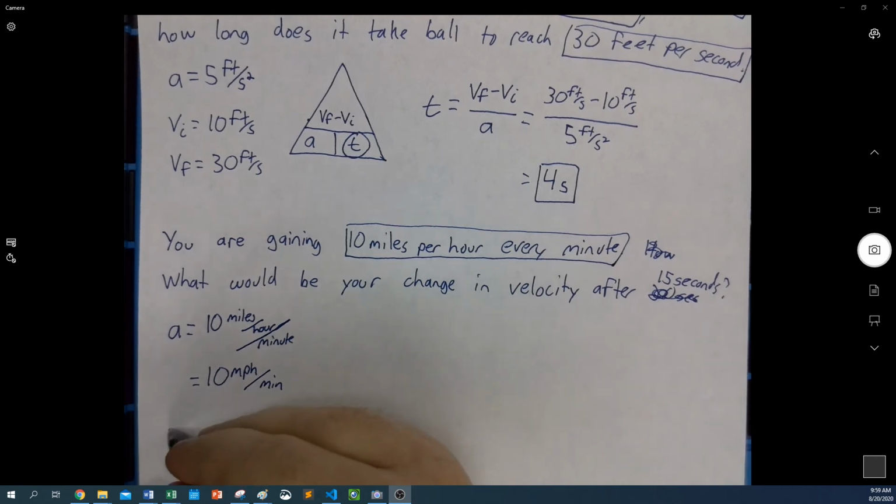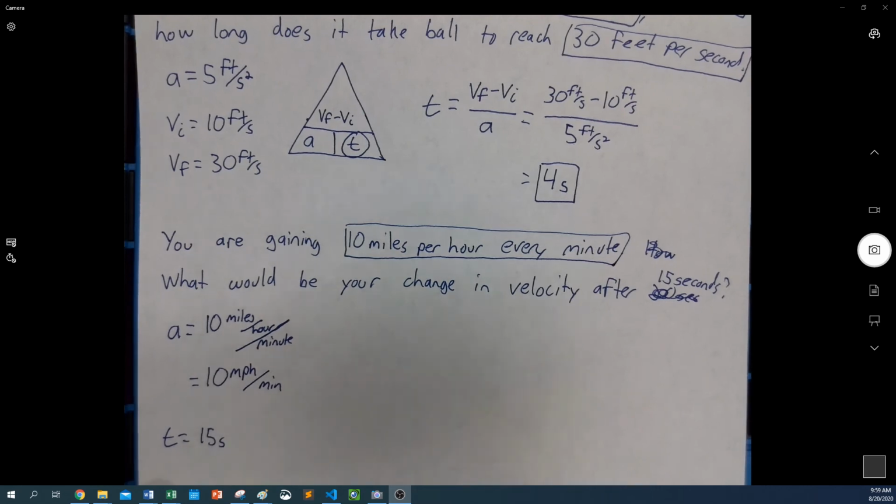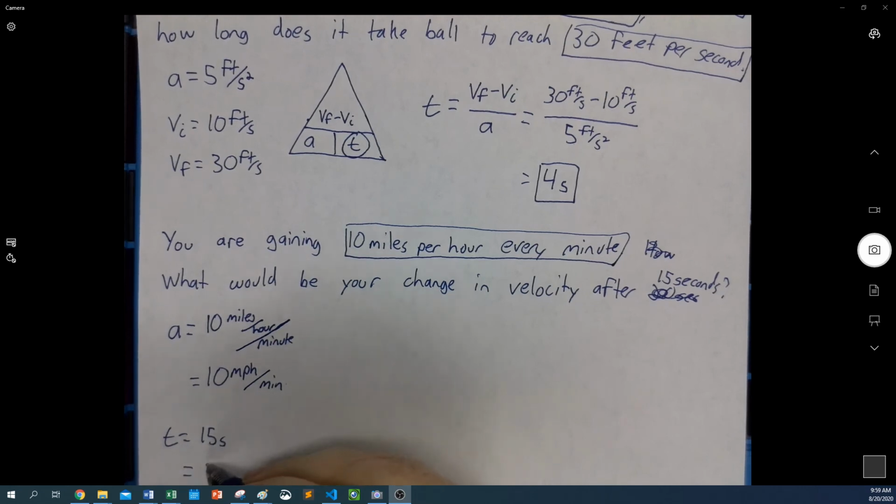Our time is 15 seconds, but we're dealing with minutes for our acceleration, so we need to convert this. So 15 divided by 60 would give us minutes, which is equal to 0.25 minutes.